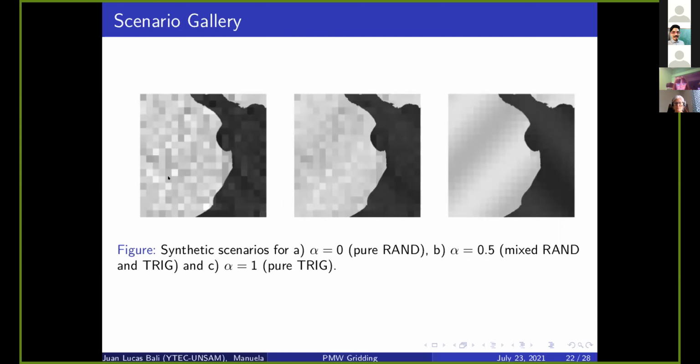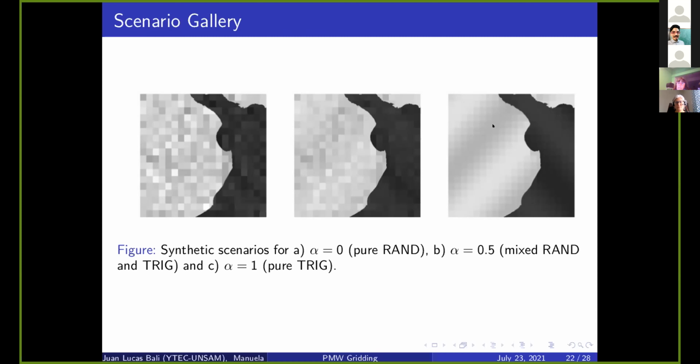Here are some scenarios where we tried this method, synthetic scenarios. This is a purely random scenario with different random mechanisms for land and sea. Over on the right, a purely spatially correlated scenario, a trigonometric function applied over the land and a different trigonometric function applied over the sea.